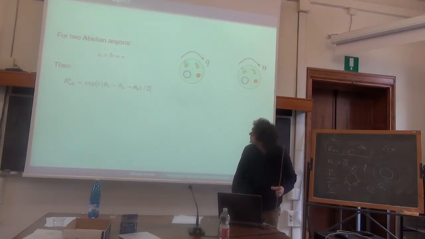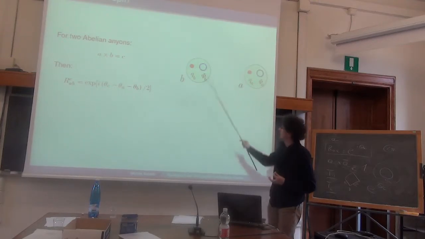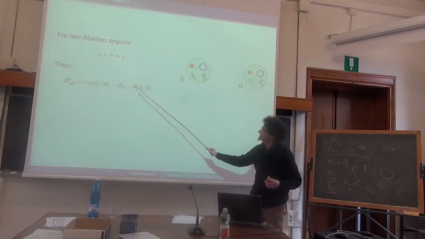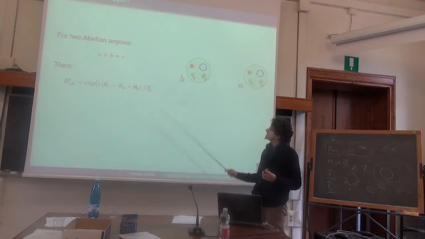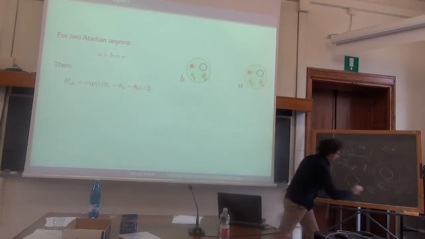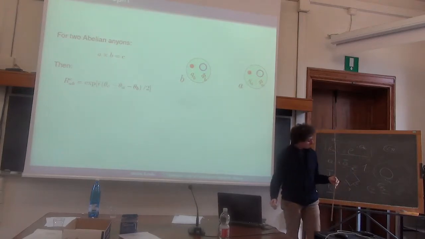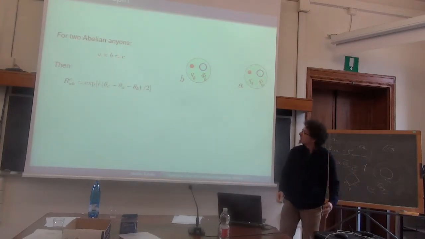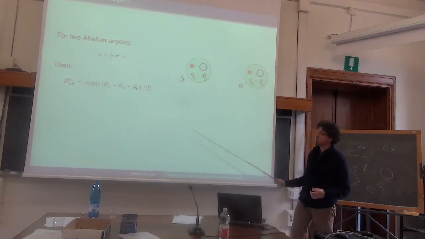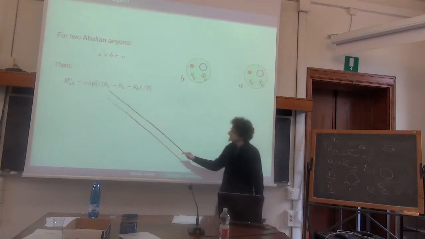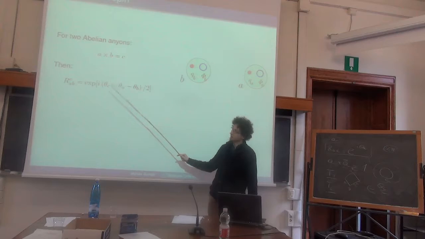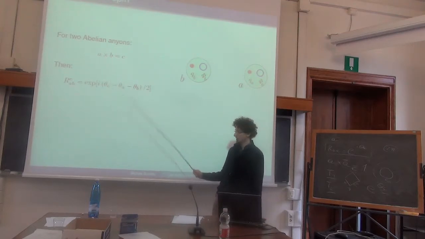So I have to rotate back singularly A and B. This is why the phases theta A and theta B appear. So overall, the single exchange, sorry, because I was rotating only by pi, the single exchange of these A and B gives me a phase, and this phase can be defined as a function of the three parameters, the three topological spins of these charges.